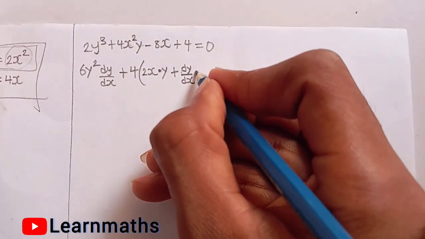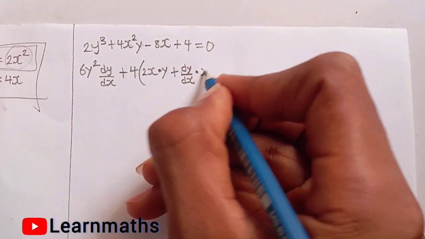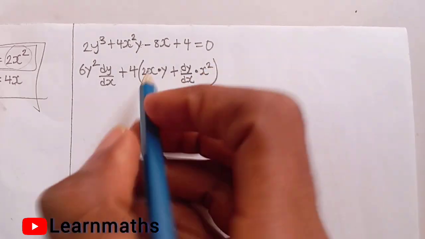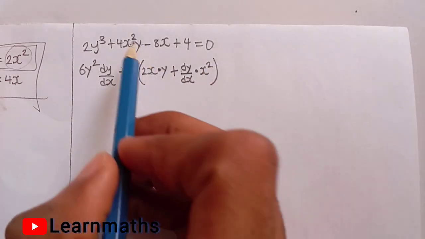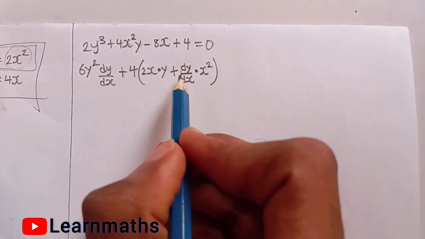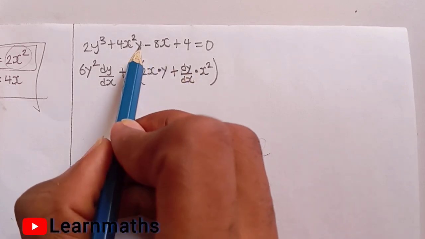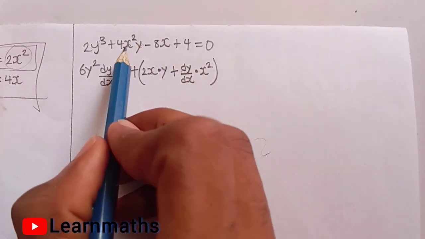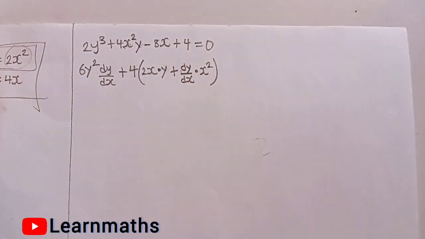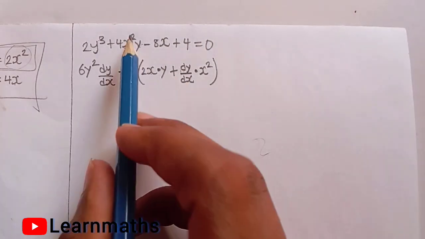Now you multiply this with x squared. That's product rule: you differentiate the first term, multiply with the next term, plus differentiate the other term, multiply with the first term. There's a video on product rule for differentiation that you can check out. So this is all for the second term.